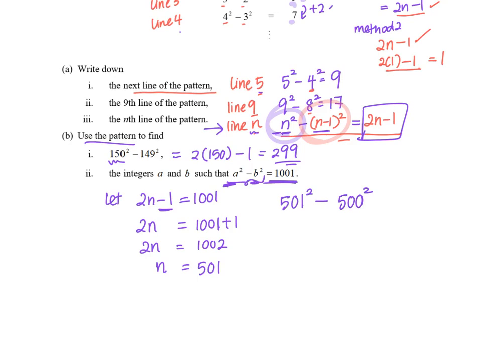Let's check. 501 square minus 500 square is equal to 1001. Yes. So therefore, what is A? A square is 501 square. So therefore, A will be the number 501. B square is 500 square. So B will be the number 500.